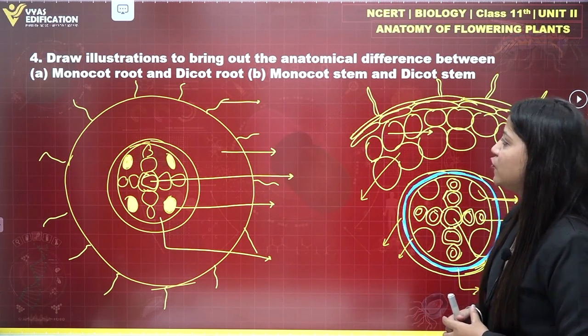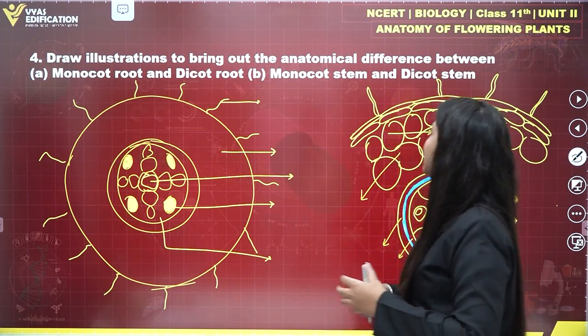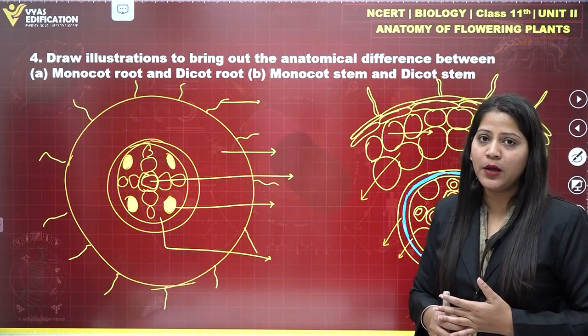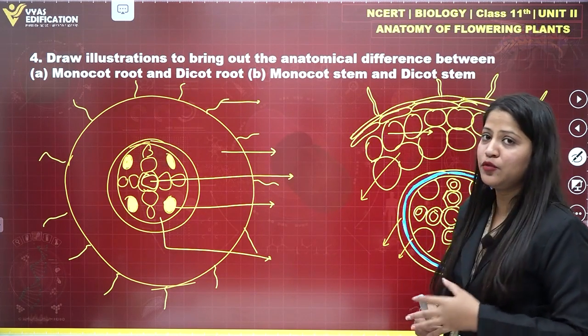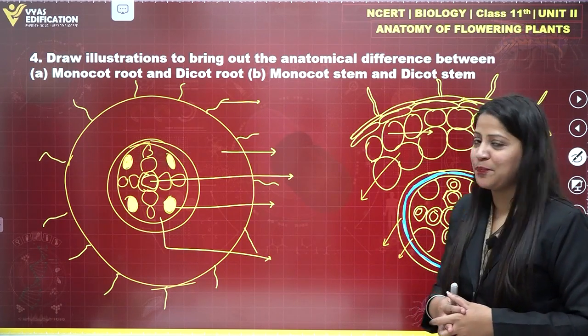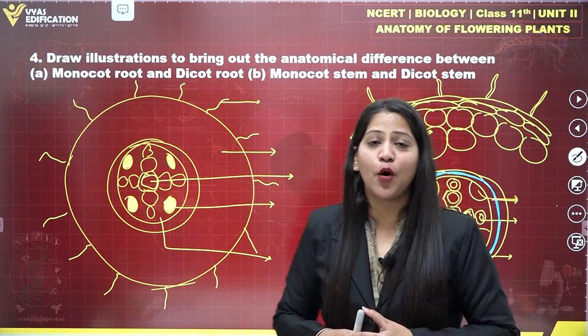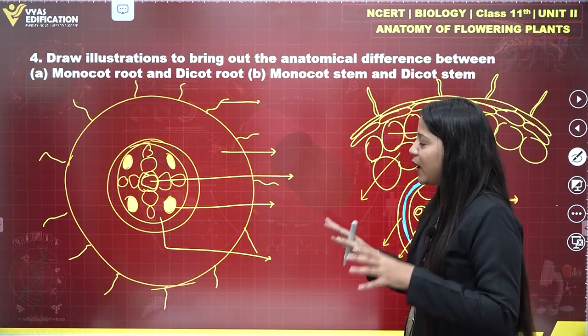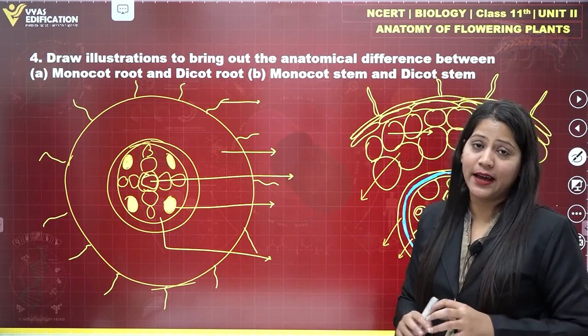Draw illustrations to bring out the anatomical difference between monocot root and dicot root. Then we have to draw a diagram to illustrate the difference between monocot stem and dicot stem. As you can see on the screen, I have brought diagrams which are already made by myself. Now we are going to label all these diagrams.